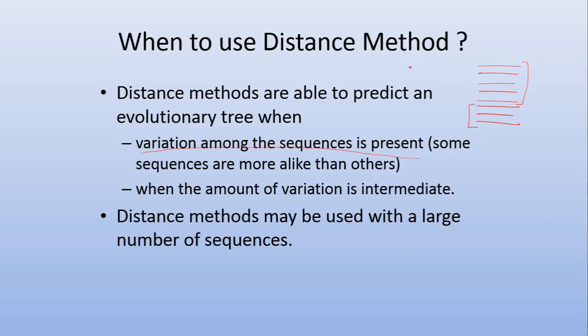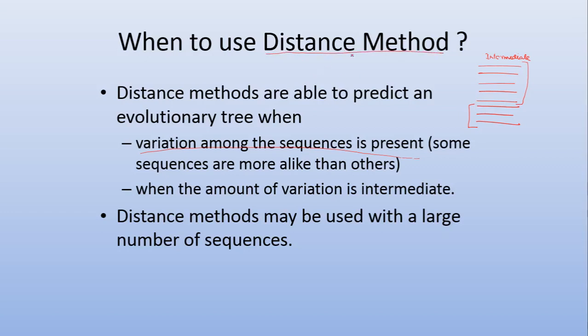So when the amount of variation is kind of intermediate, okay, not all the sequences are quite highly conserved, while some of the sequences can be variant or divergent, right? If that is the case and you have a large number of sequences in your data set, then you usually use this distance based method.